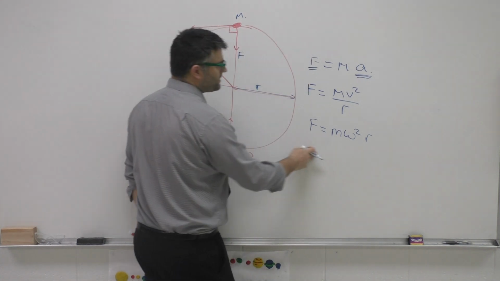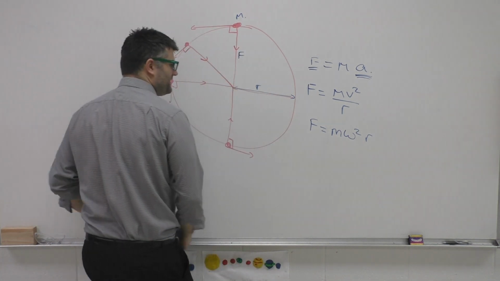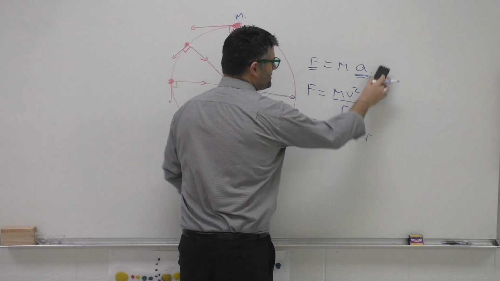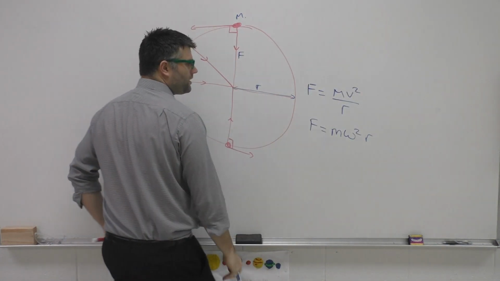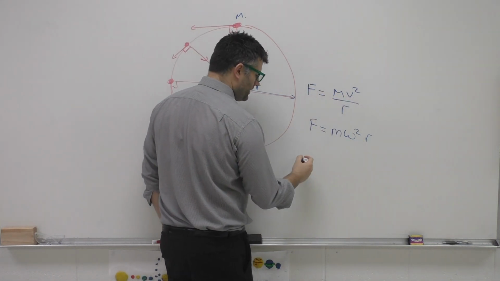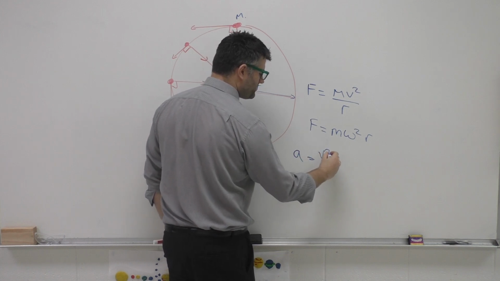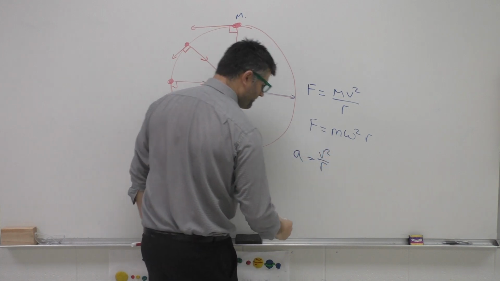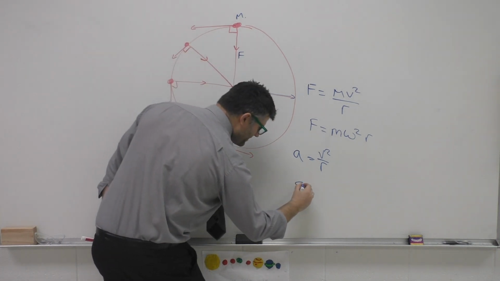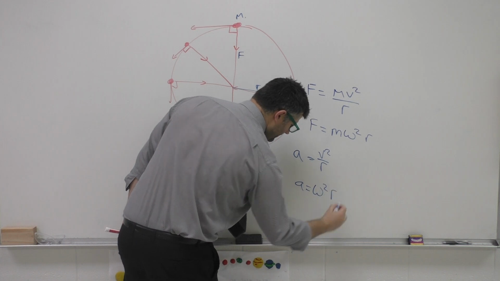So we have these equations, and we can actually then derive other equations from this. We can just pick them out more than anything else. Because force equals mass times acceleration, the centripetal acceleration is v squared over r. And we can then also say that the centripetal acceleration is omega squared r.